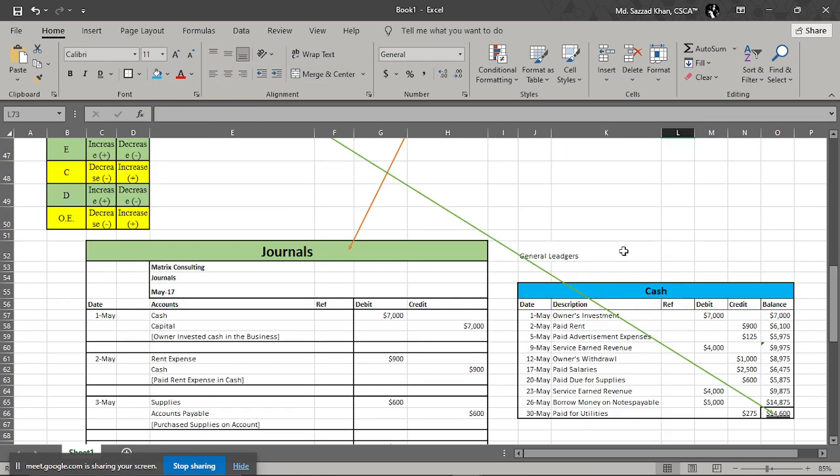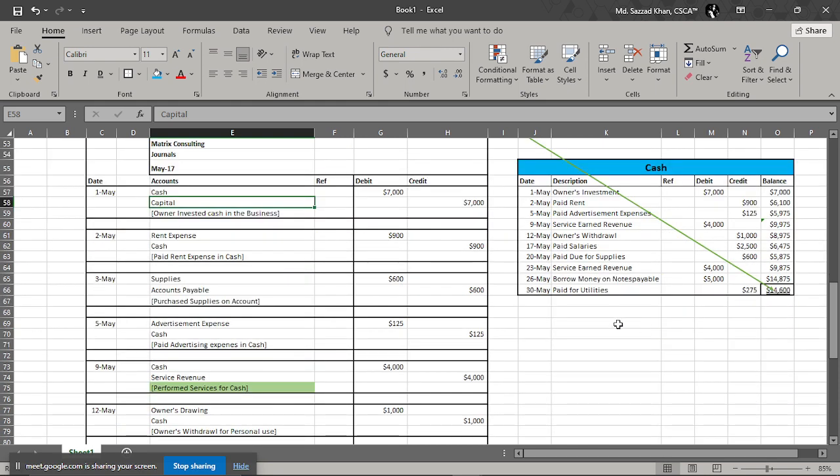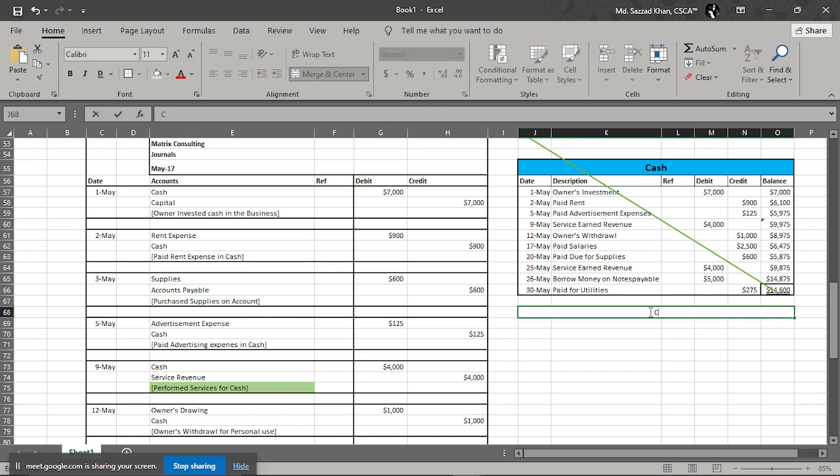So we did our first ledger, the general ledger, cash account. Then we go for the second one, the capital account. Let's construct. Same, everything would be the same. Capital.